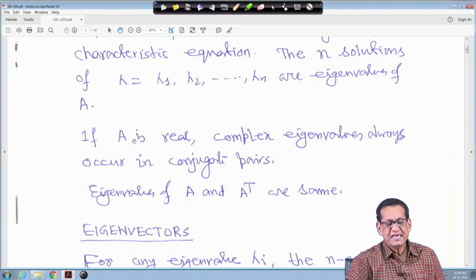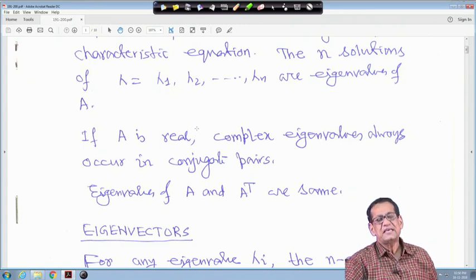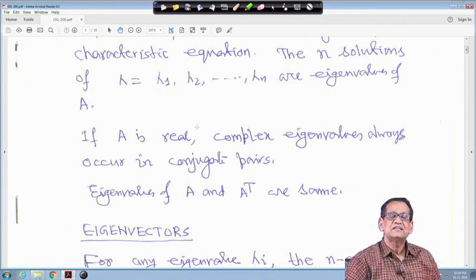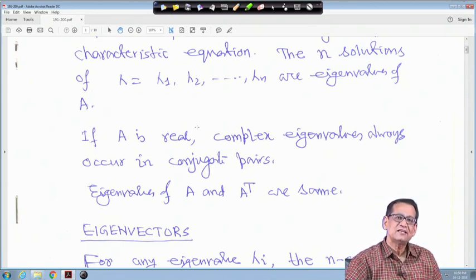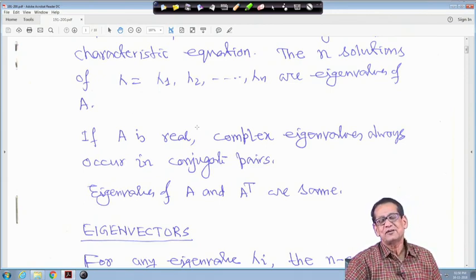If A is real, then complex eigenvalues always occur in conjugate pairs. One thing is there: if A is real and symmetric, then all eigenvalues are real. But if it is not symmetric, then eigenvalues may be real, complex conjugate, or both.